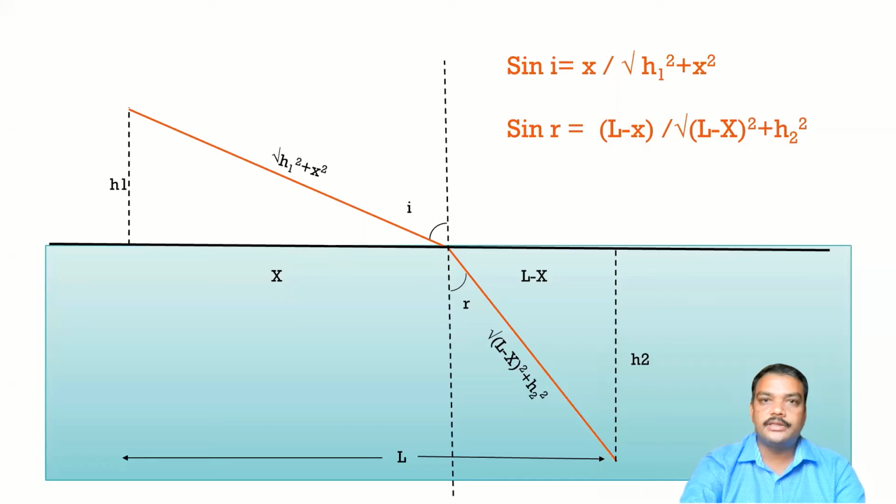Now let's write the sine of the angle of incidence: sin I is equal to x by root of h1 square plus x square, and the sine of the angle of refraction, that is sin R, is equal to (L minus x) by root of (L minus x) whole square plus h2 square.